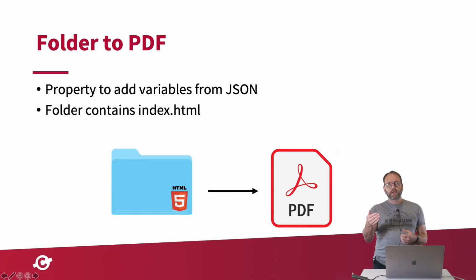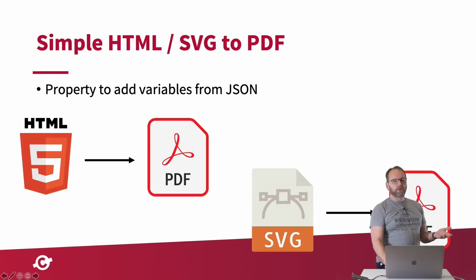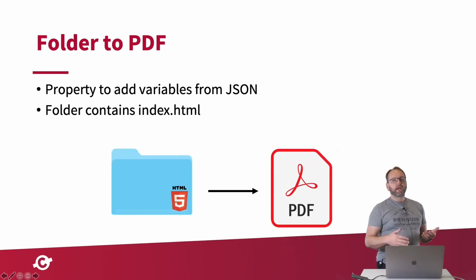And that JSON file could be used to get variables that are then used by the template and generate the PDF document. Not so much difference with the first case. The main difference is that here you're talking about single files that are pretty straightforward, and here you're talking about a more traditional full HTML template for pdfChip.